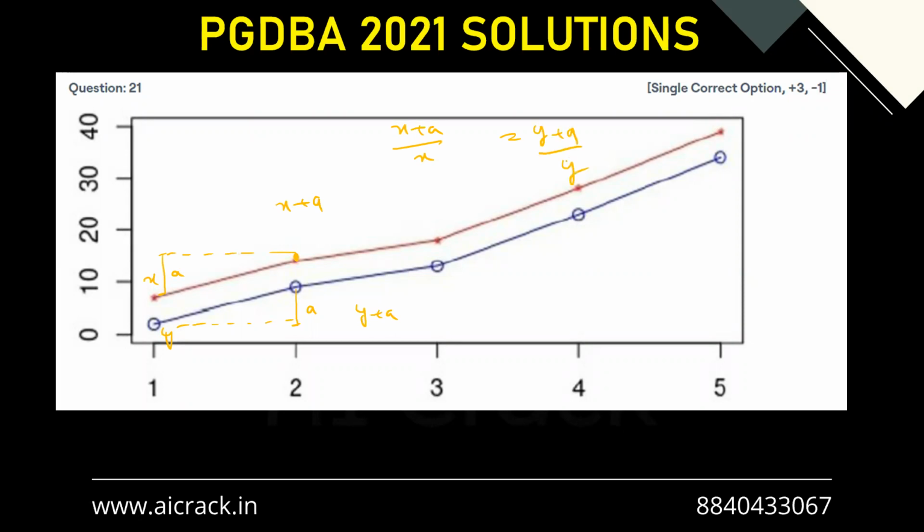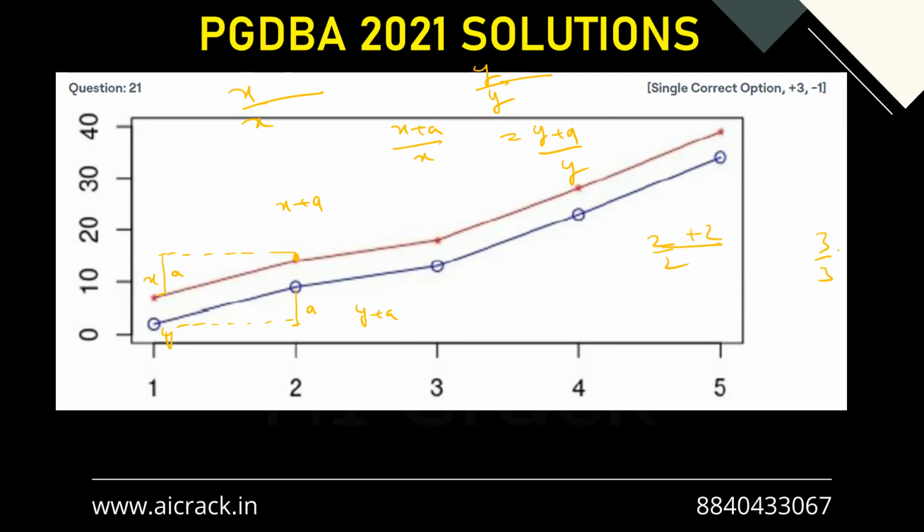Now that might not be true because let's say we have x by x and y by y. Even if they are different numbers, the ratio is going to be one only. Now if I add something in the numerator, it's going to be a different ratio if x and y are not the same. Let's take an example. Let's say we have 2 by 2 and 3 by 3.